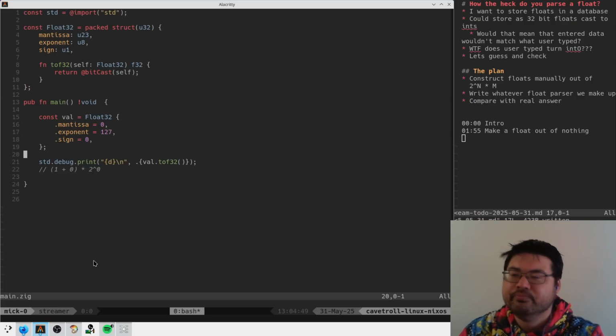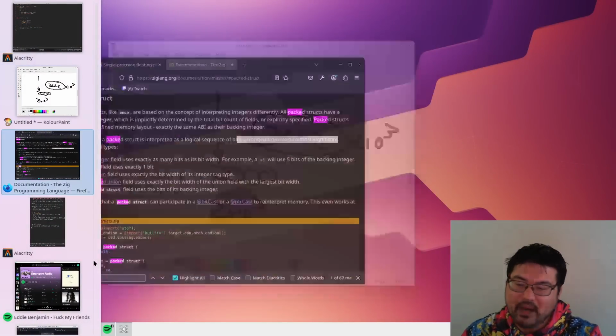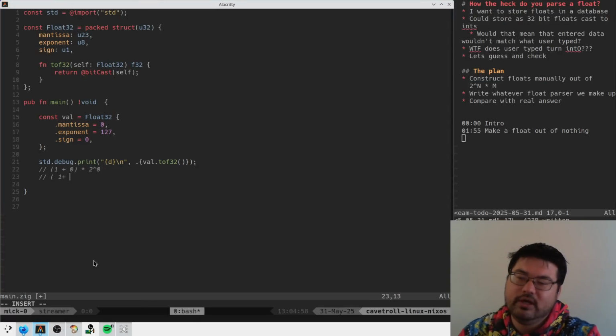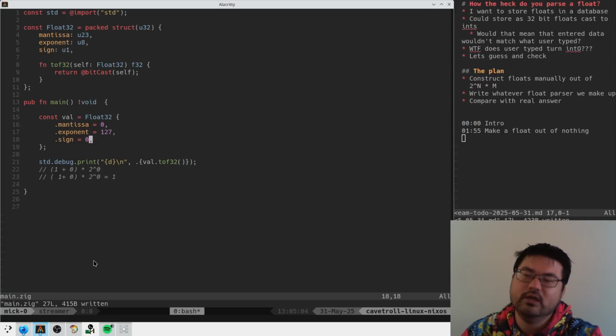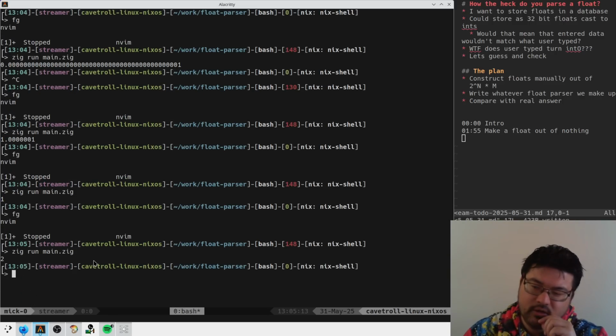That's good. So if the formula is minus 127 on the exponent, then 1 plus 0 times 2 to the 0 is equal to 1, right? That makes sense. If we put 128 here, then we're saying this is 2 to the power of 1, so we expect this to be 2, which it is, good.